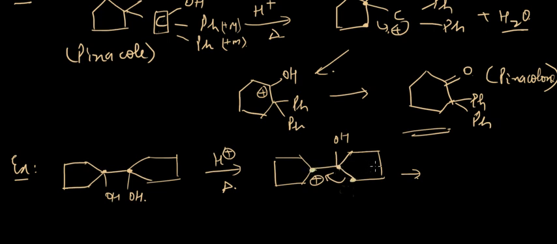So at this carbon atom we will be getting a cyclohexane ring, and here we'll be getting a cyclopentane ring as it is.